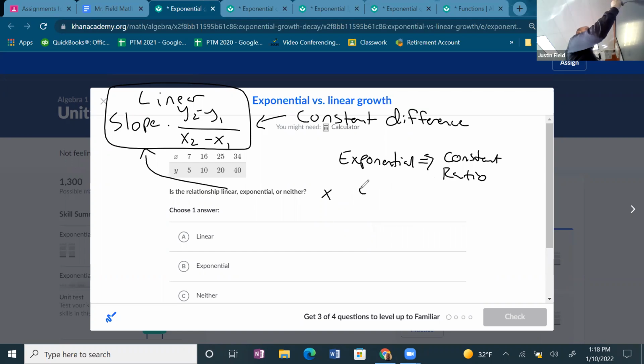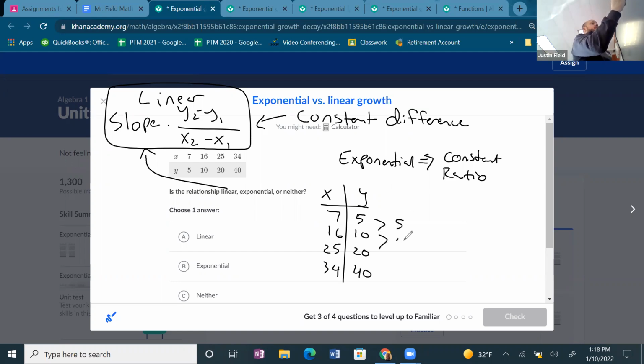Okay, so I'm going to go ahead. Now I'm going to write down the x's 7, 16, 25, 34. And I'm going to write down the y's 5, 10, 20, 40. So let's check for linear. Add 5, add 10. Okay, it already failed the linear test.